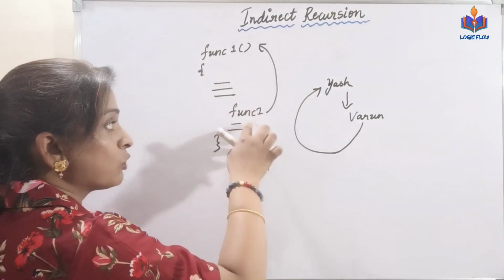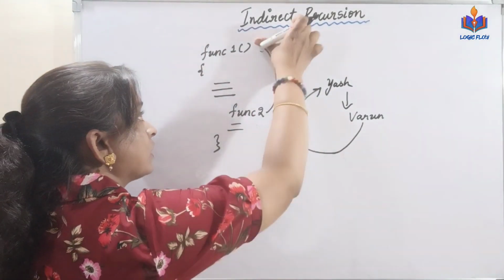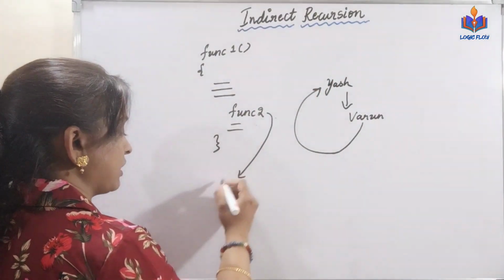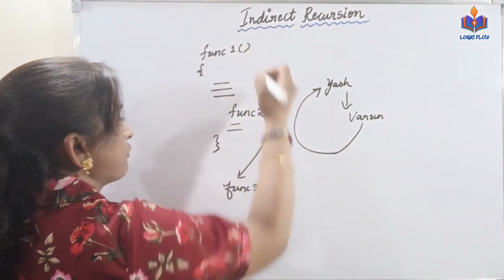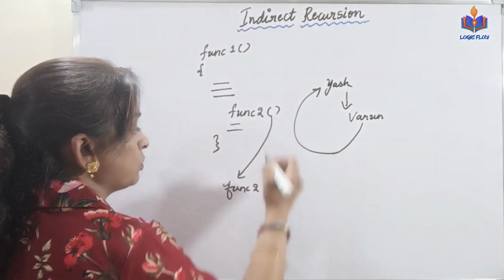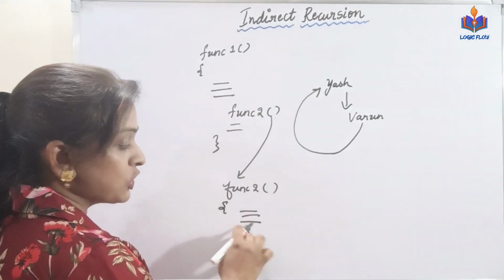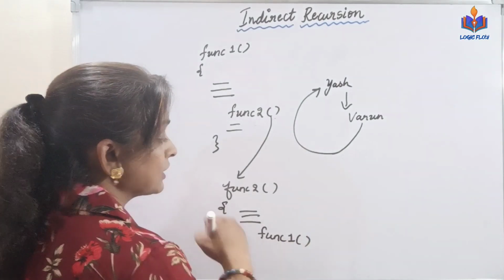If I don't call function 1 but call function 2, then the control goes to function 2. Function 2 will have some statements, and inside function 2, I call function 1.